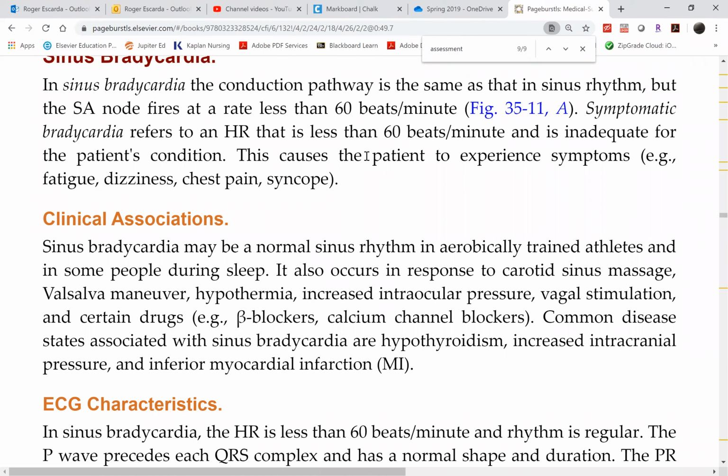Meaning everyday things you do. Examples of Valsalva: when you use the restroom. When you have the hiccups, when you try to pop your ears on an airplane. All right, so those are all Valsalva maneuvers.